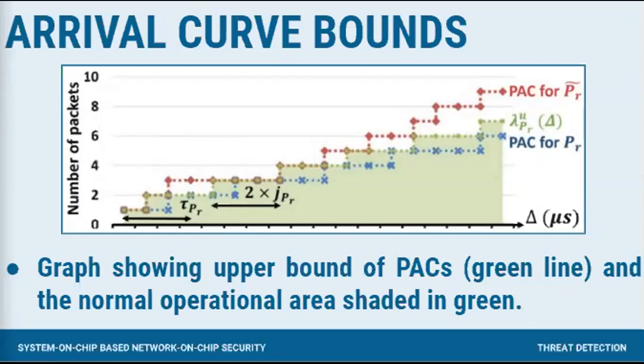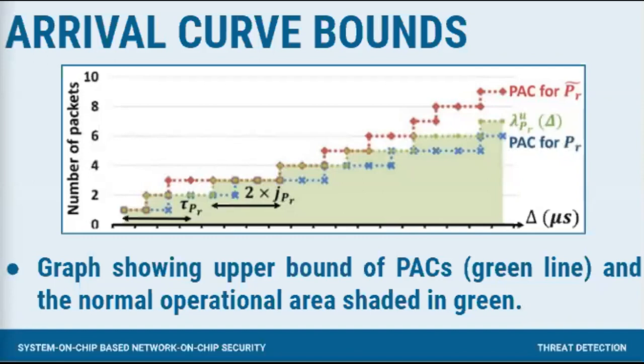And in an attack scenario, which is the red line, you can see the number of packets might be increased. Depending on the application setups and what's running there, there can be differences as well, so the number of packets in the normal scenario might increase or decrease. This graph shows an upper bound that we can use to detect these network denial of service attacks.